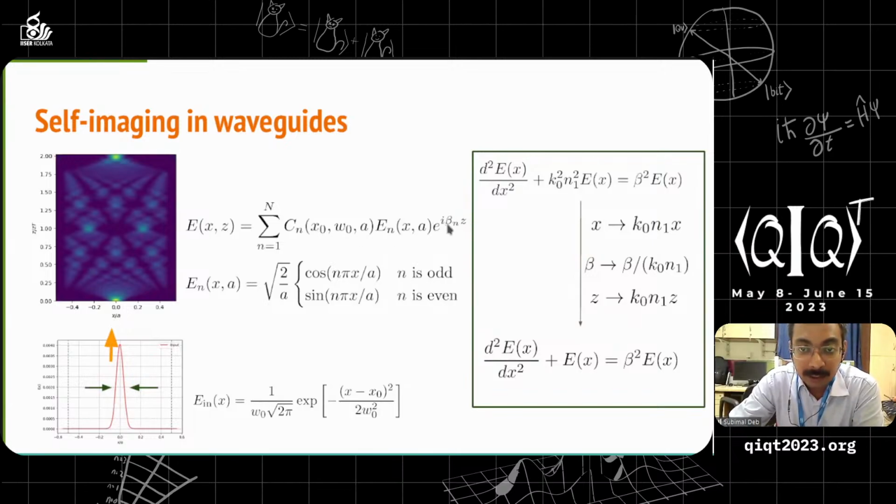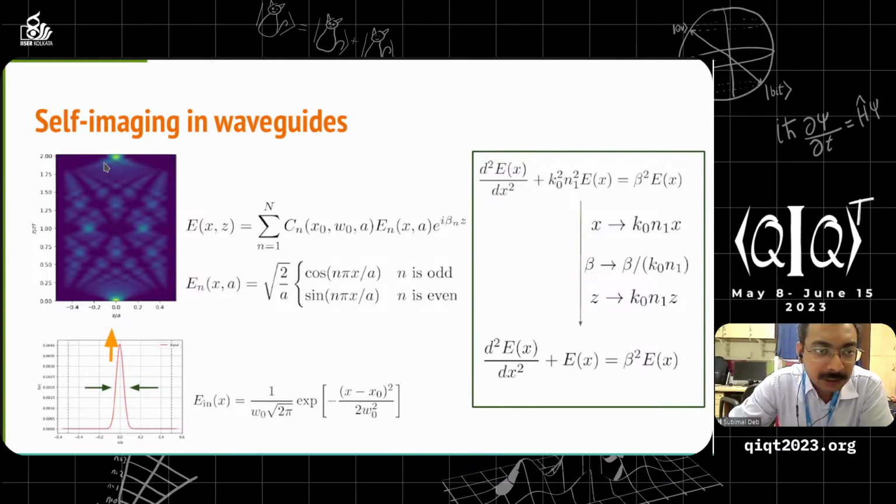And then you can calculate the beta n's, find out Ez, and find out the field profile at any arbitrary z. So you fix the point of injection x0, look at the intensity along z, and see where you are going to have a revival of this field.